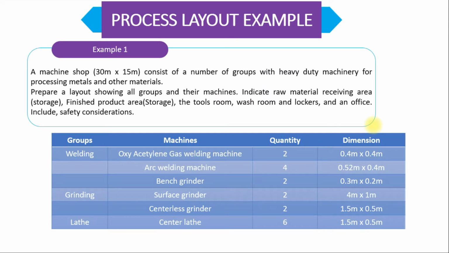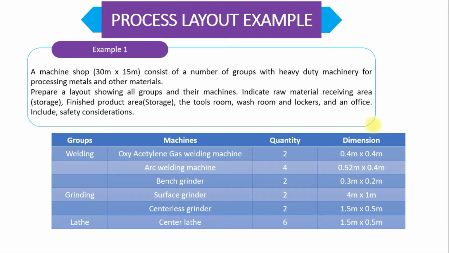Okay, so we have our example over here, and it says that a machine shop, with a length of 30 meters and a width of 50 meters, consists of a number of groups. So the departments in this case are now called groups, with heavy duty machineries for processing metals and other materials.